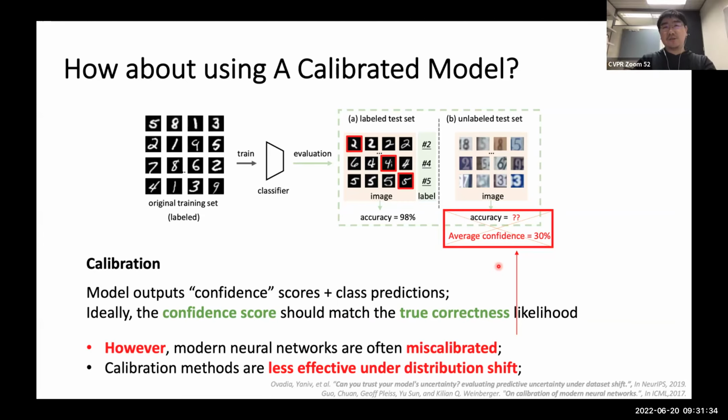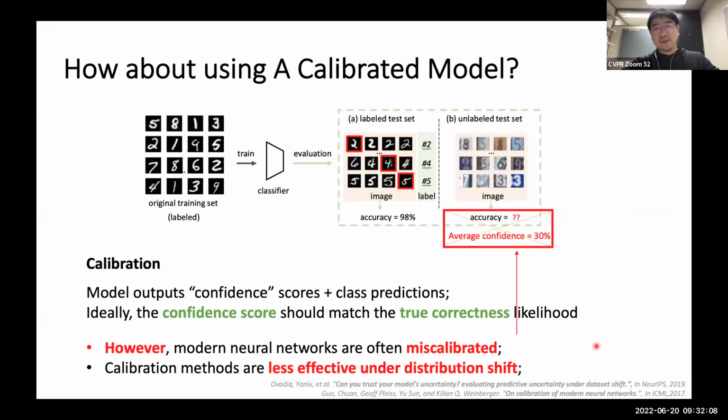This is a very active field of research, how to do model calibration on out-of-distribution data. It's quite challenging, and so far we don't have a very satisfying solution to this problem. So the idea of using a calibrated model to estimate model performance on unlabeled test sets is still not very feasible. Okay, so how about other solutions?